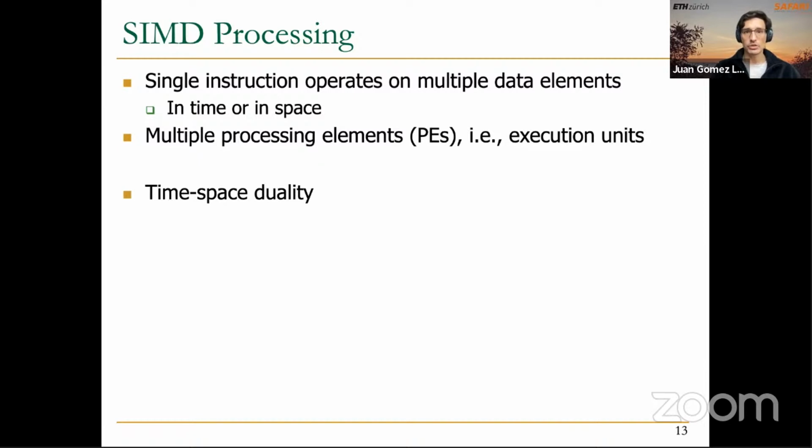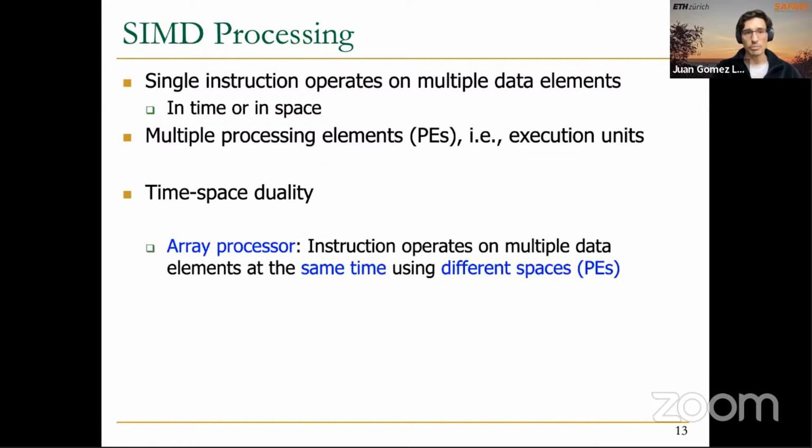Regarding the time-space duality, we distinguish array processors, where an instruction operates on multiple data elements at the same time using different spaces. What this means is that at the same time, we have several processing elements, and all of them execute the same instruction at the same time. If one cycle later the instruction changes, it changes for all the processing elements. So as you see, the parallelism here happens in space, because all processing elements execute the same instruction at the same time.